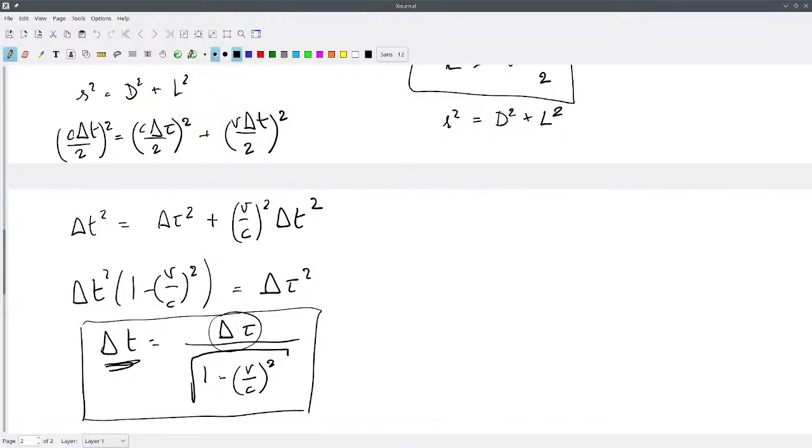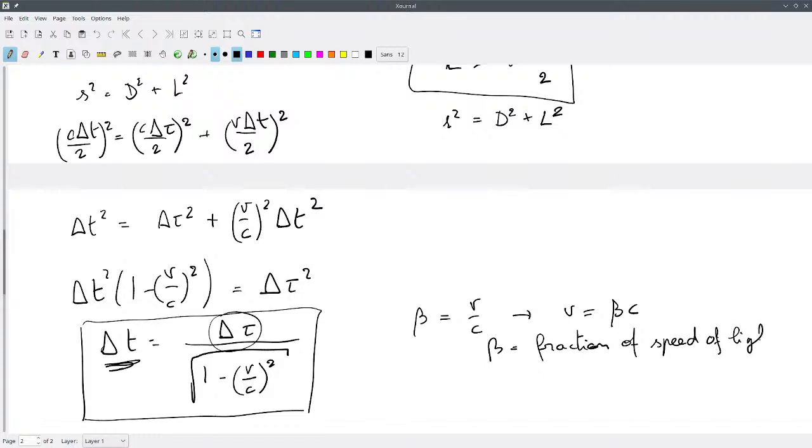And we're going to introduce a few variables here. We're going to introduce beta as v over c. So that means that the velocity is beta times c. So beta is the fraction of the speed of light. Remember, v is the speed of the spaceship.